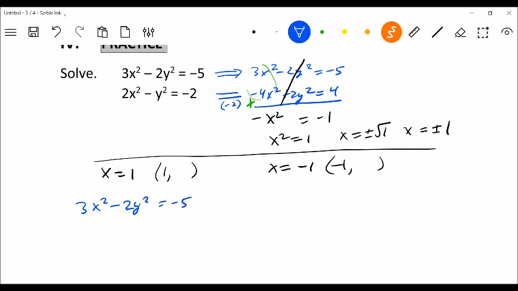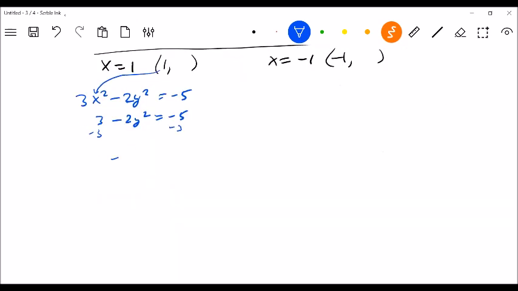Okay, so first, let's put a 1 in here. So 1 squared is just 1, so that's 3 minus 2y squared is -5. Subtract 3, you can follow along with me, -8. I'm going to divide both sides by that -2. y squared is 4.